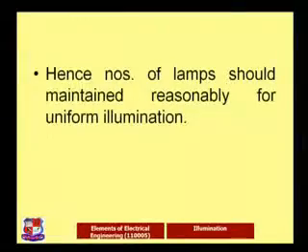We cannot select more or fewer randomly. With proper calculation we get the optimum number of fittings, and those fittings give uniform illumination throughout that object or area for better efficiency and proper work.